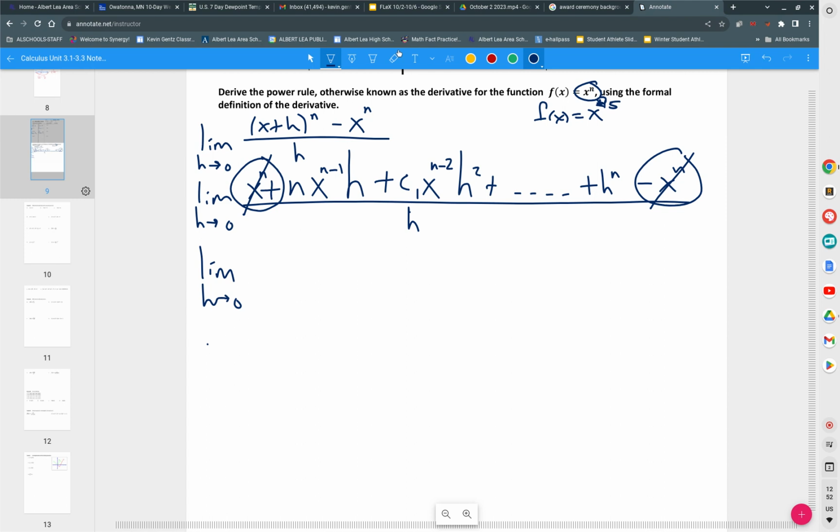You can divide an h out, right? And when you do, you get n times x to the n minus 1. What happens to this h? It's gone, and then that 1 reduces to 1. So you have a constant times x to the n minus 2 times h plus dot, dot, dot, h to the n minus 1.